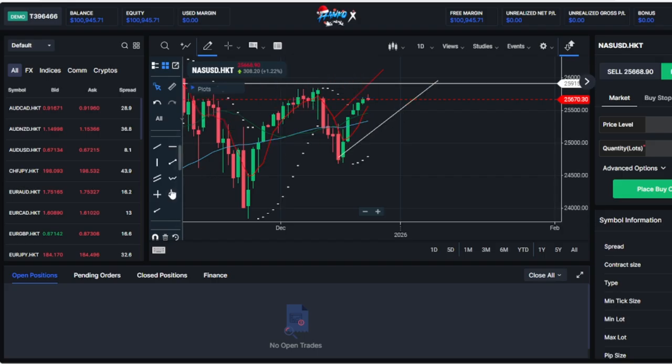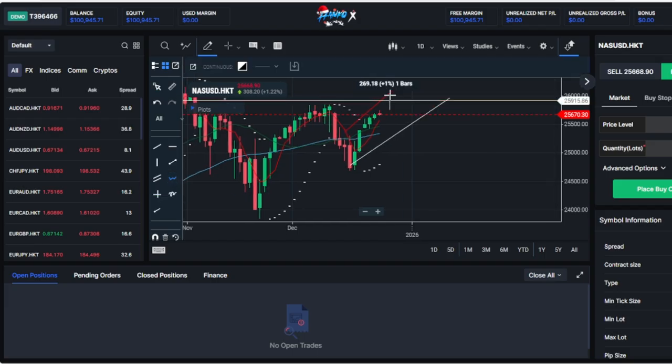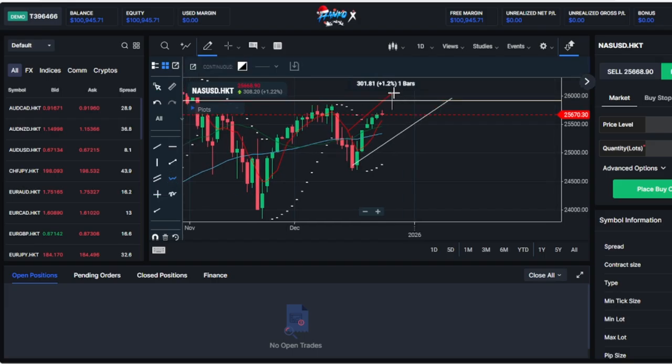All right, guys? So you want to see something like this with price action. Something like price action hitting here, possibly going down there, and continuing up. All right?